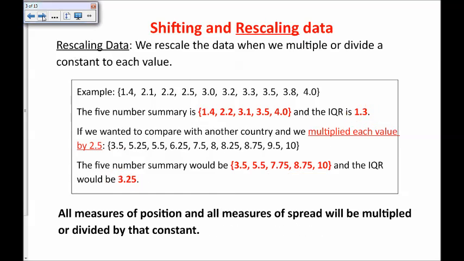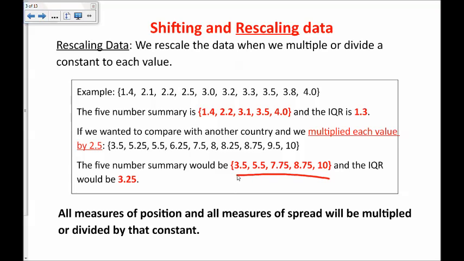When we rescale data, we are stretching or shrinking it. Okay, we do that by multiplying or dividing a constant to each value. So if I take this data and I multiply each value by 2.5, then the 5-number summary would also stretch by being multiplied by that same constant.